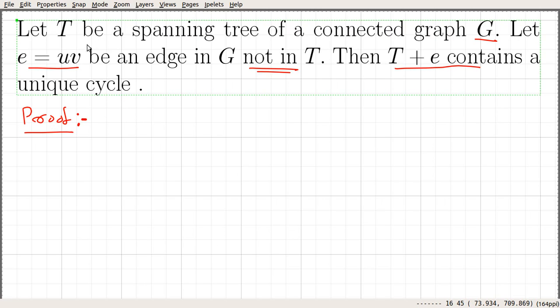Okay, so we are given that T is a spanning tree of a connected graph.